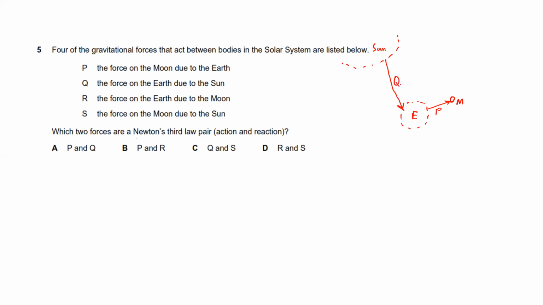This is Q. R is the force on Earth due to the moon. And S is the force on the moon due to the sun. So action and reaction, P is equal to R. These are the two, P and R are the action and reaction. So answer B is the right choice we have.